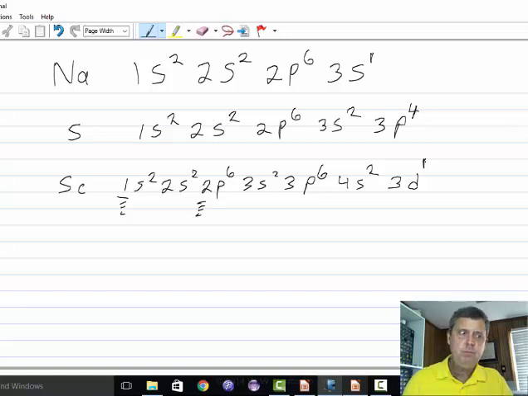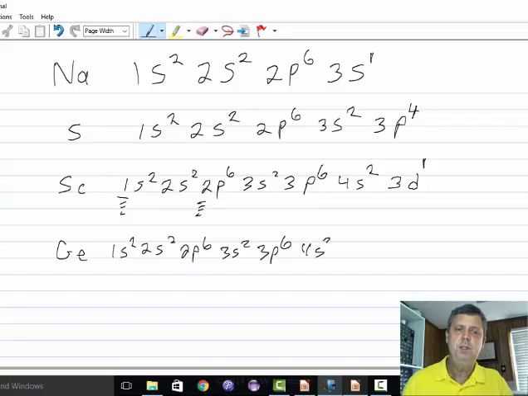So if we go across, I'll do one more here. Let's look at, say, germanium. Atomic number 32, so it has 32 electrons. 1s squared, 2s squared, 2p6, 3s squared, 3p6, 4s squared, 3d, remember.